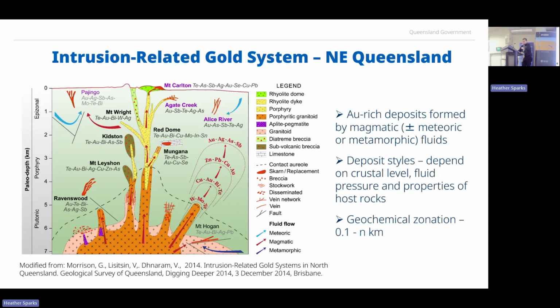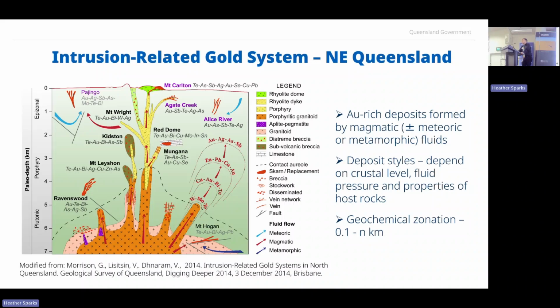There is a good message to take from here. Intrusion-related deposits are defined as those which are formed by magmatic fluids. It is mostly correct, but not entirely, because as time goes by, more information comes to light of transitional members between pure magmatic and mixed fluid sources.